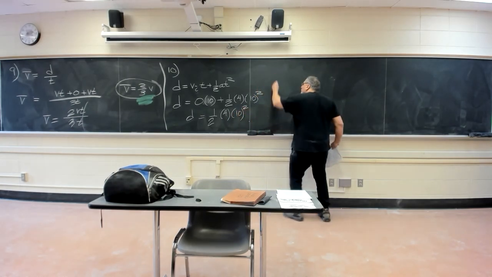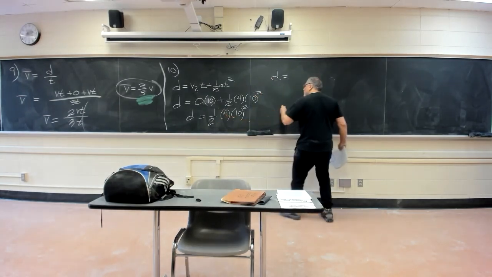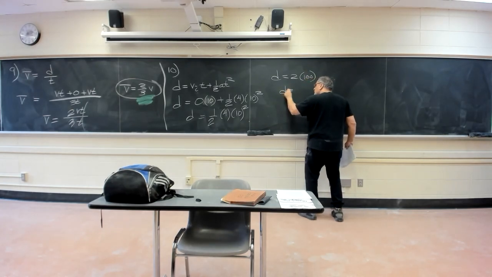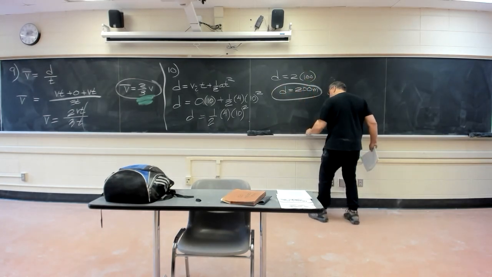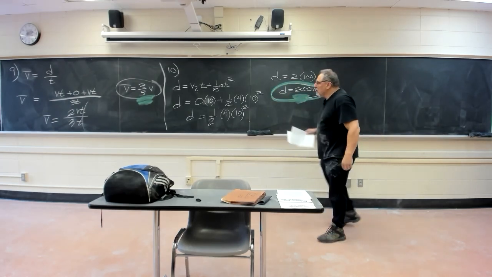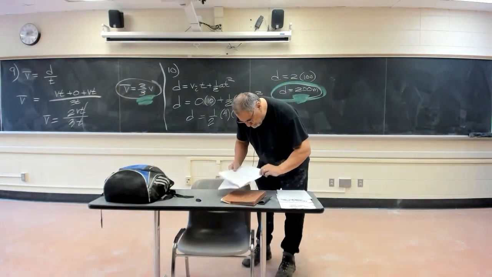Here goes. Half of 4 is 2. 10 squared is 100. There it is. 200 meters.